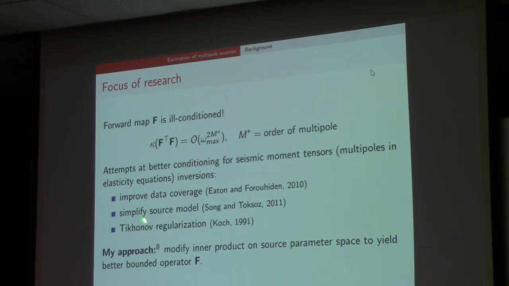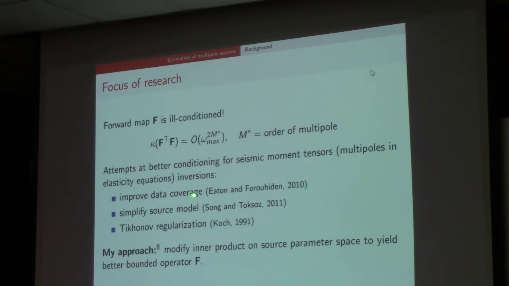And so there's been prior work that has looked at how you address this ill-conditioning when you try to solve the inverse problem in the context of multipole representations. One idea is, if you can, improve your data coverage. If you have better data, you're going to better condition the problem.